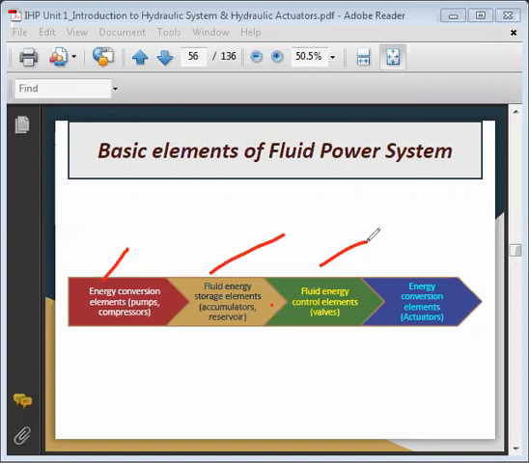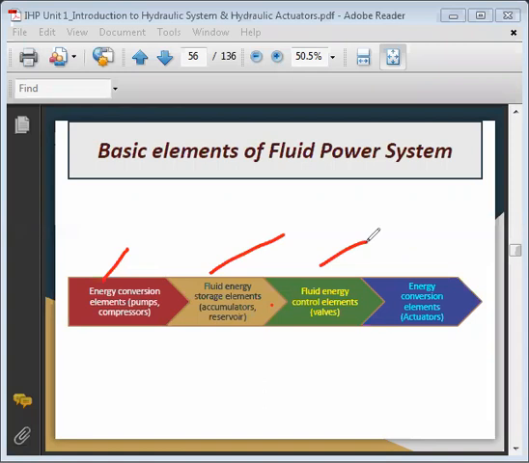That component of the fluid power system is known as an actuator. So actuators are the devices used for converting hydraulic energy into mechanical energy, and therefore their function is opposite to your pump. Getting it?